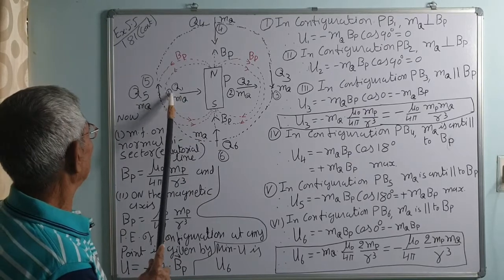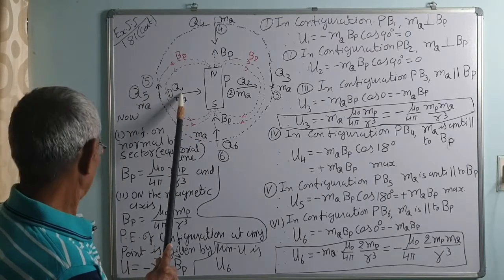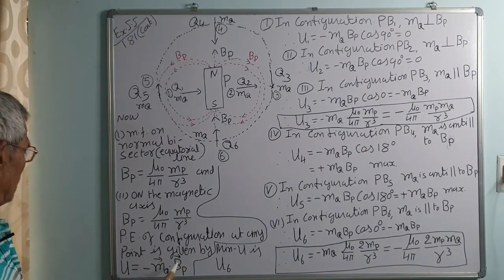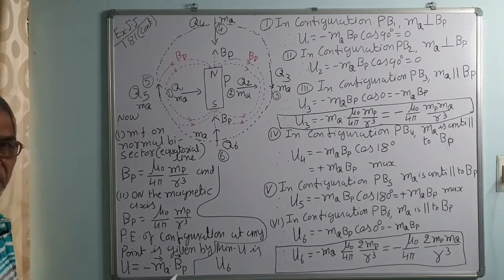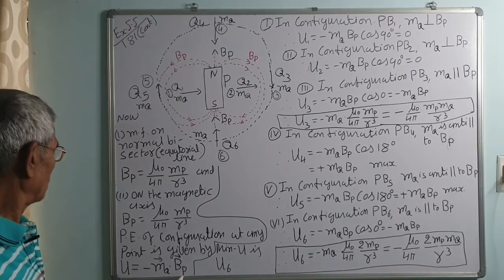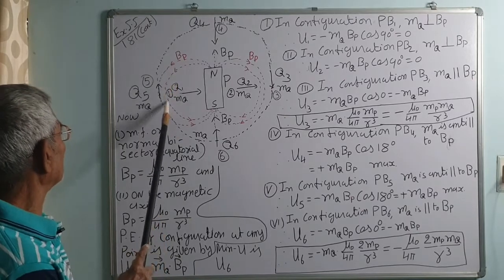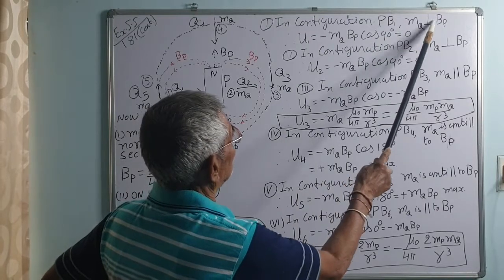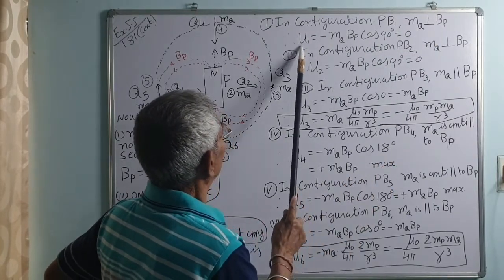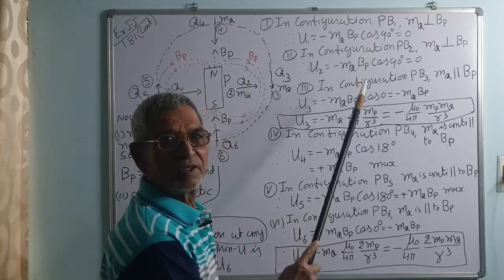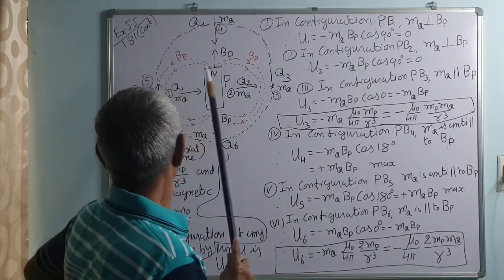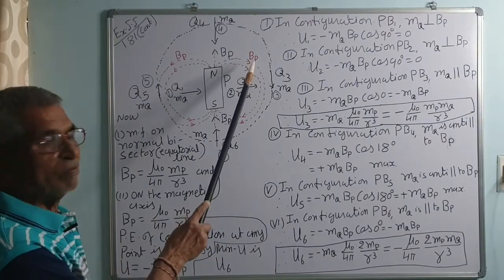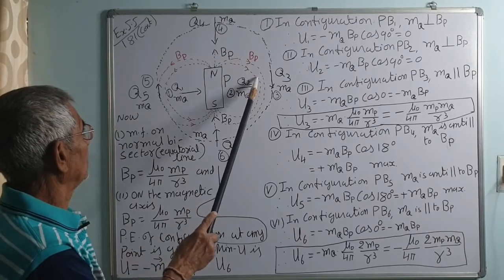So B_P and this m_Q are at 90 degrees. The potential energy is given by the equation we have seen yesterday, U = -m_Q · B_P, or -m_Q B_P cos theta. Here theta is 90 degrees. So in number 1, configuration PQ1, m_Q is perpendicular to B_P, the magnetic field. So U1 is -m_Q B_P cos 90, that is 0. Number 2, here also the arrow shows the direction of the magnetic field B_P of the dipole P.